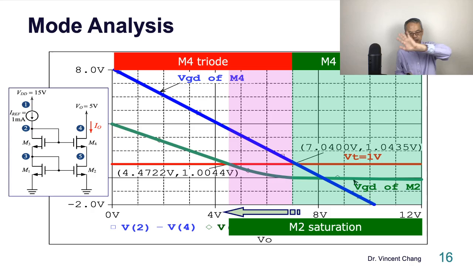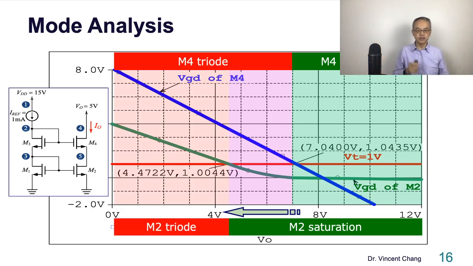So M4 enters triode first, and M2 stays in saturation, the second zone. On the leftmost zone, both fall into the triode region. All right? So saturation and triode, saturation and triode. The one on the top is M4, the one on the bottom is M2.